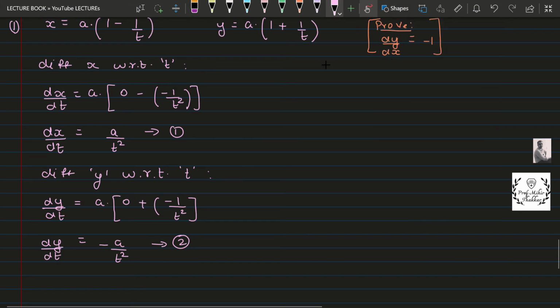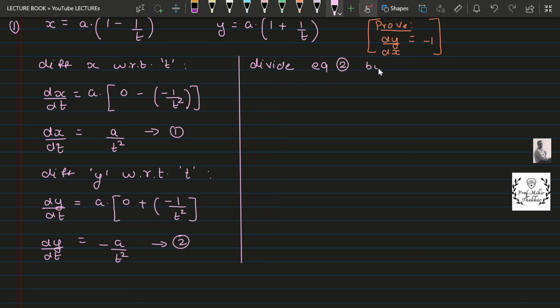So students, when we want to find the value of dy by dx, you all very well know we have to divide equation 2 by equation 1. So what is the value of this and what is the value of equation 1?